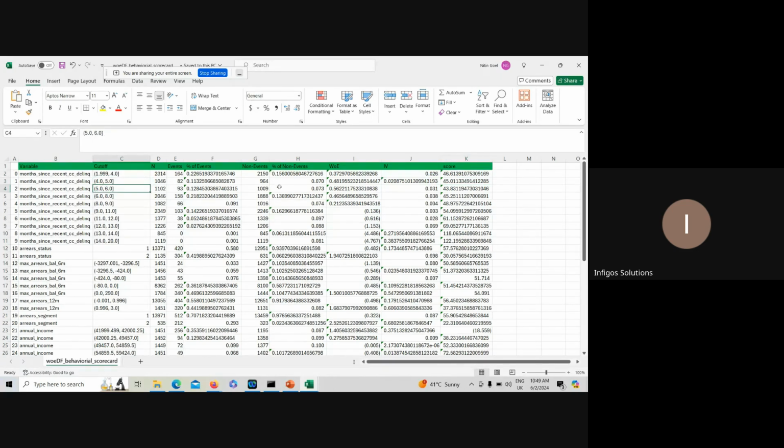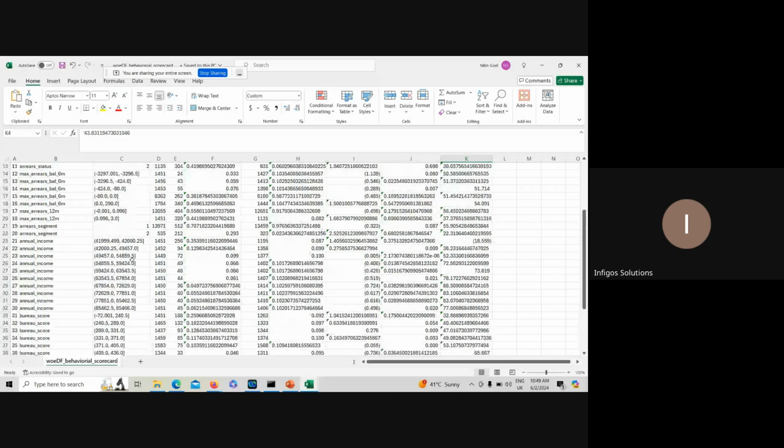If 5 to 6, he'll get this score. In the same way, for income, between this range, you'll get this score. And this is minus.